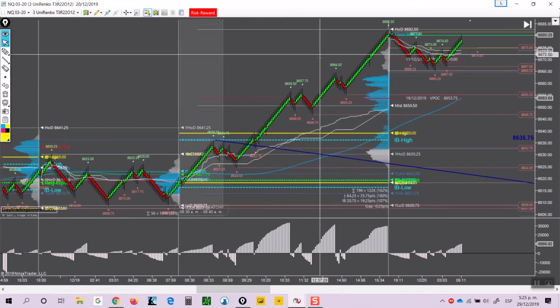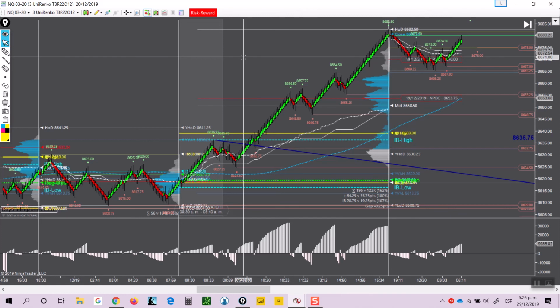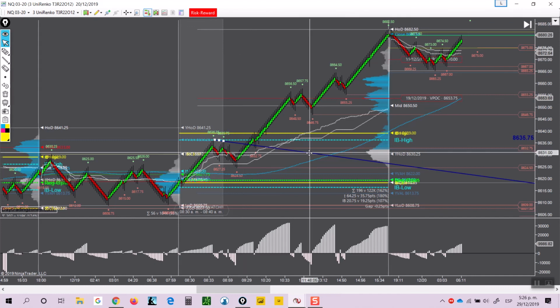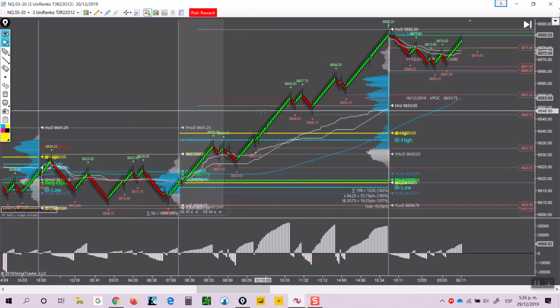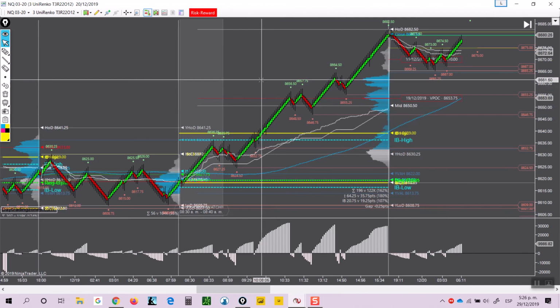So yeah, that's the method, and we're using just one chart with all these indicators. If you have any questions, or if you want some help, or some guidance, please reach out to me, and we'll see what we can do.